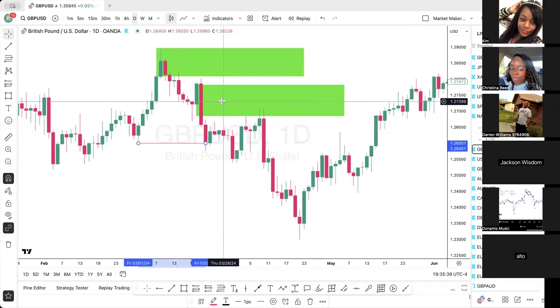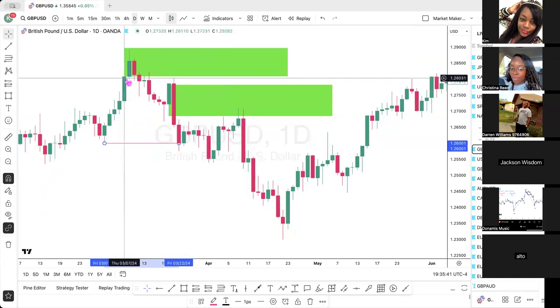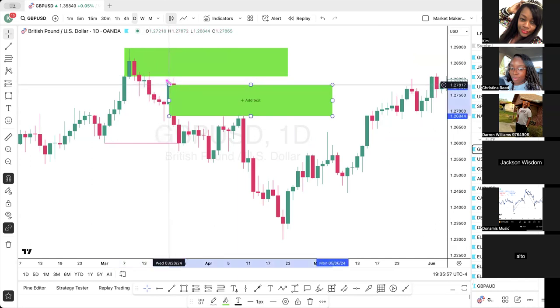Now, the only thing with this supply zone is that it does not have an imbalance in there anywhere, right? This one right here has already been tapped into. But even if I wasn't seeing all of that, I just know I have two options.